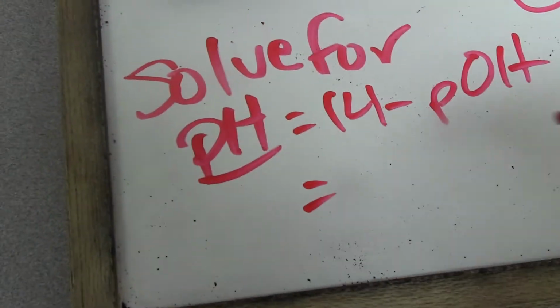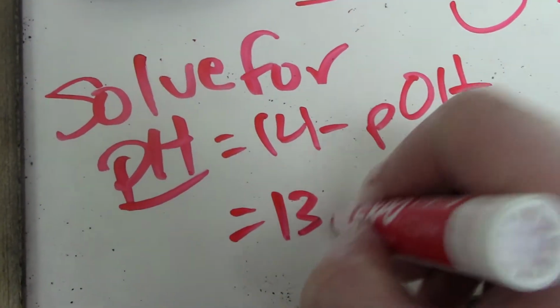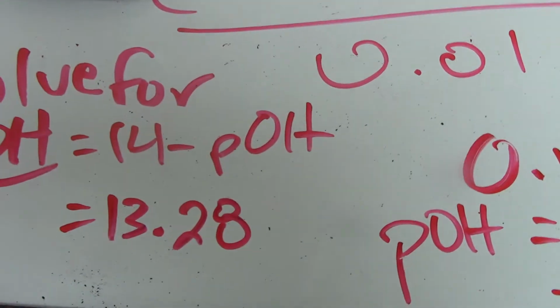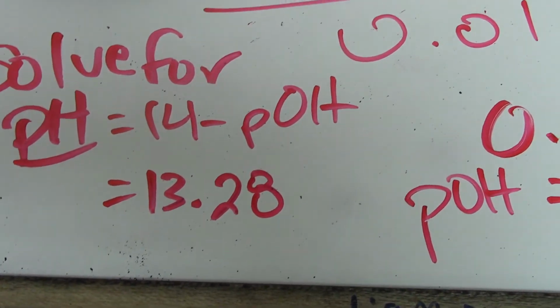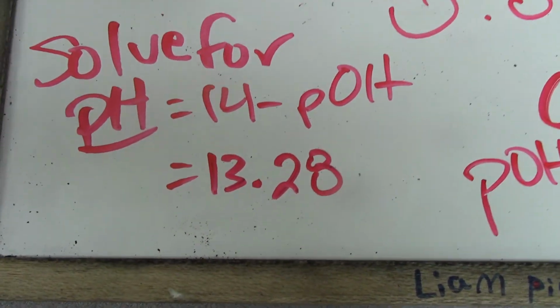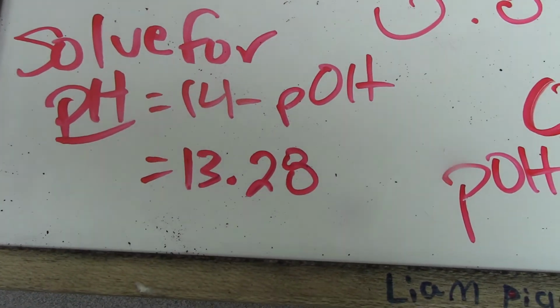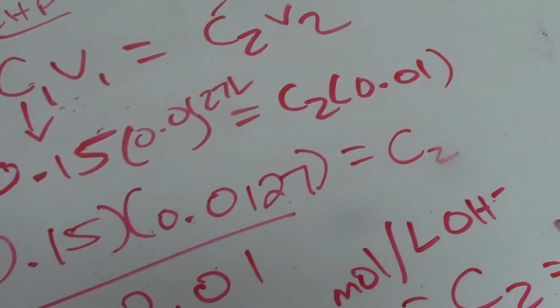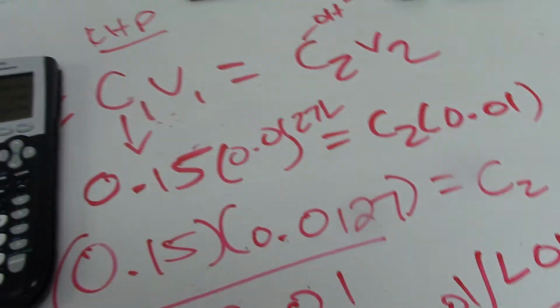So that's 13.28. 14 minus 0.72. So that is a very, very basic compound. Now, I'm pretty sure I overshot that by quite a bit. But regardless, you can see what we do with titration.